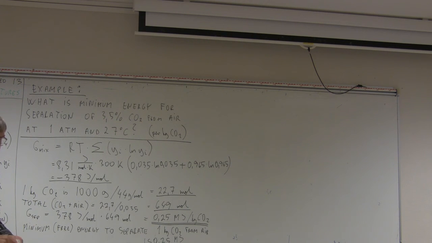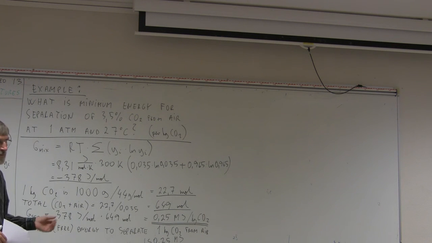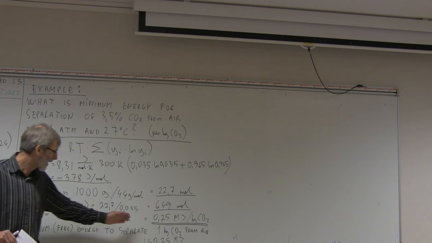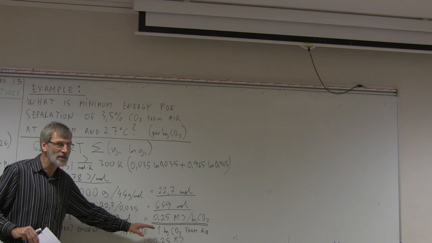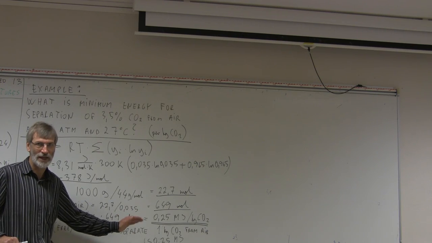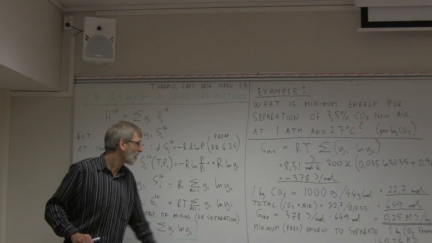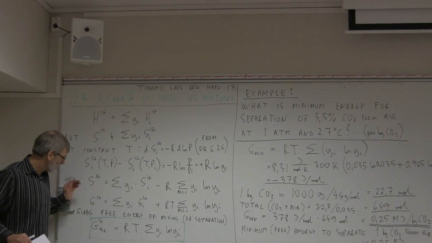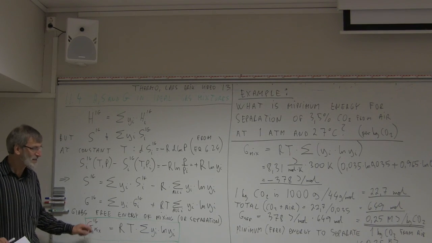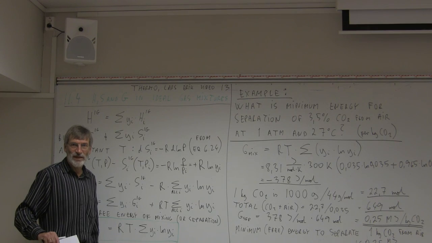And for us working with CO2 capture, this is a theoretical goal, and for most processes this value is much higher, but this is how low it is possible to get. So this is an example of the calculation of G mix for ideal gas. So this is the end of video 13.